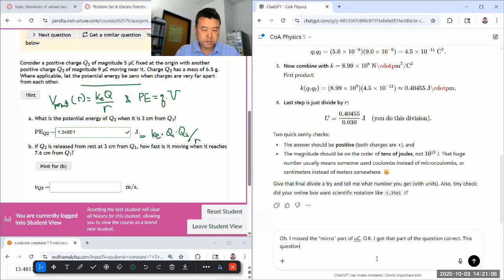This question has a part B, and I'm not sure what I'm doing wrong.